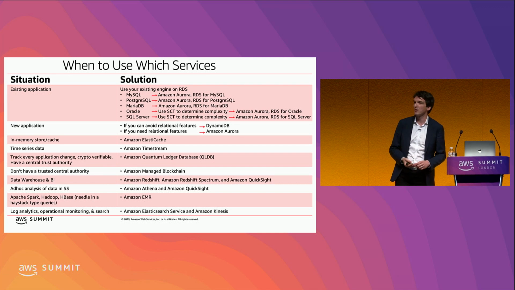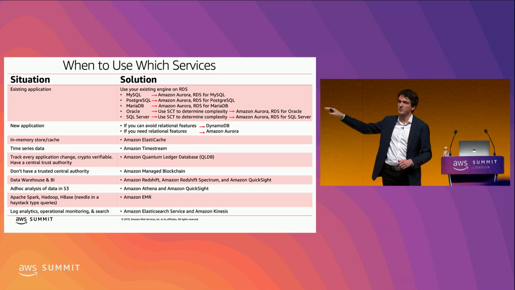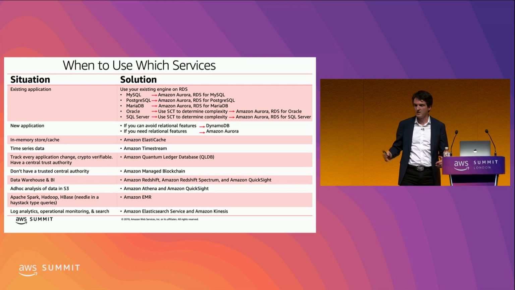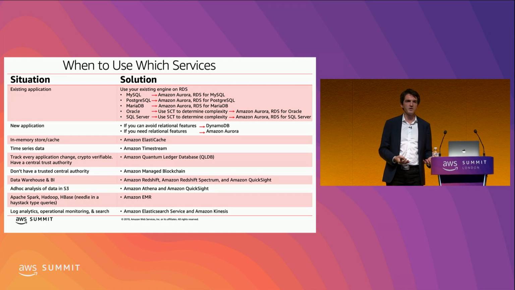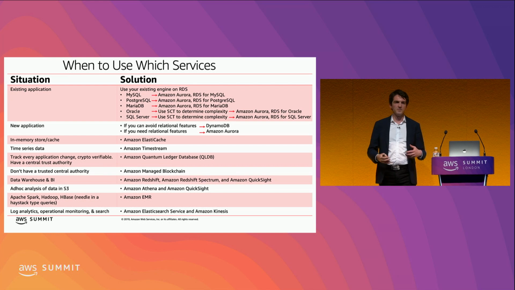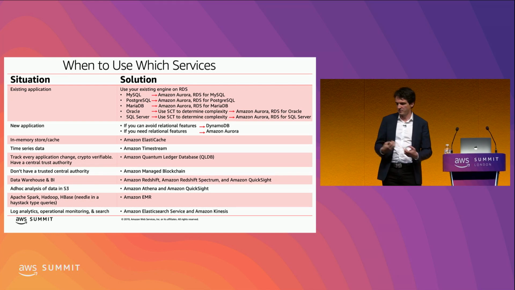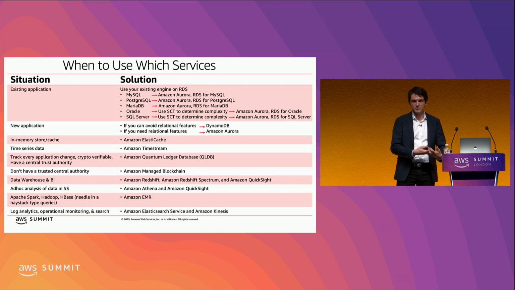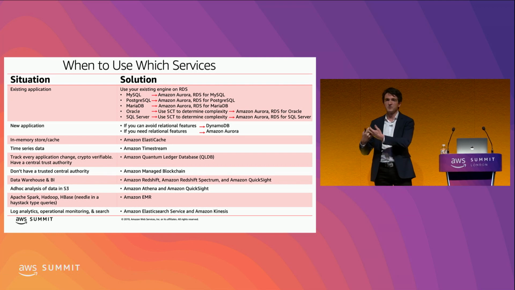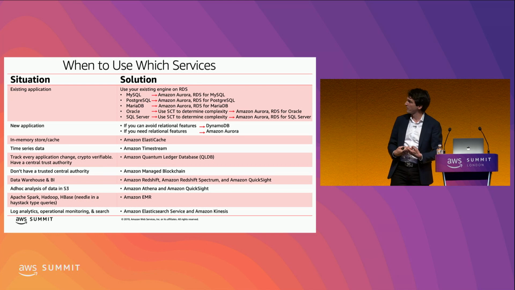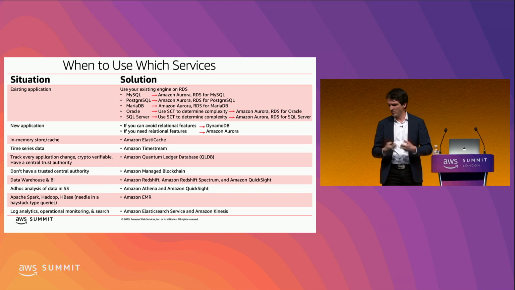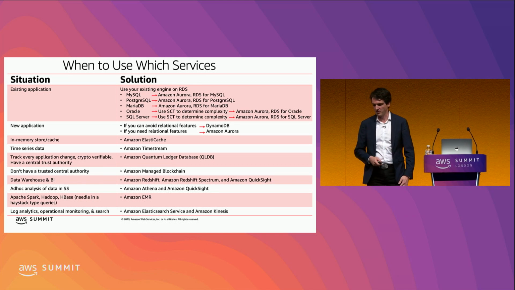So that's why we launched QLDB. And on the bottom of the table, you have all these analytics offerings coming from an S3 data lake or any data lake. You can run analytics using Redshift or using all other tools like EMR and QuickSight to display.